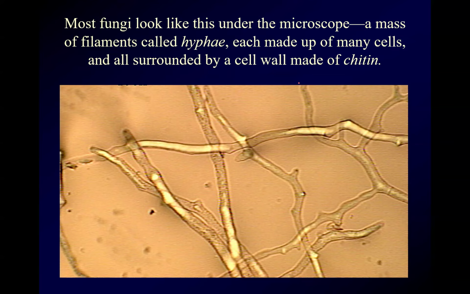Each hypha, that's the singular, is made up of many cells. And surrounding the whole thing is a cell wall made of a substance called chitin. Yes, spelled C-H-I-T-I-N, but it's pronounced chitin.